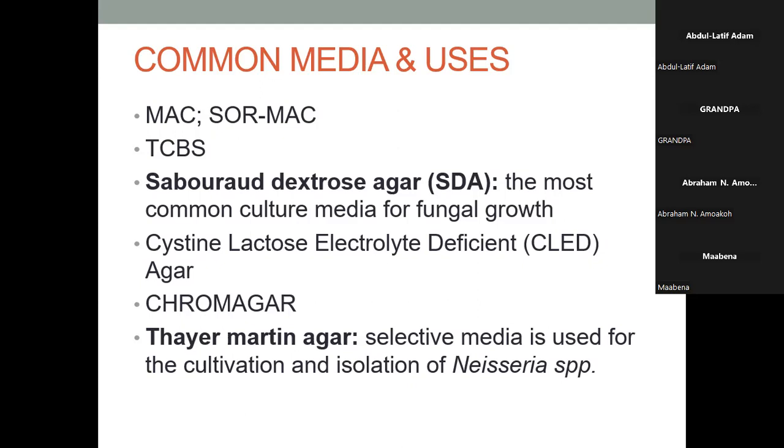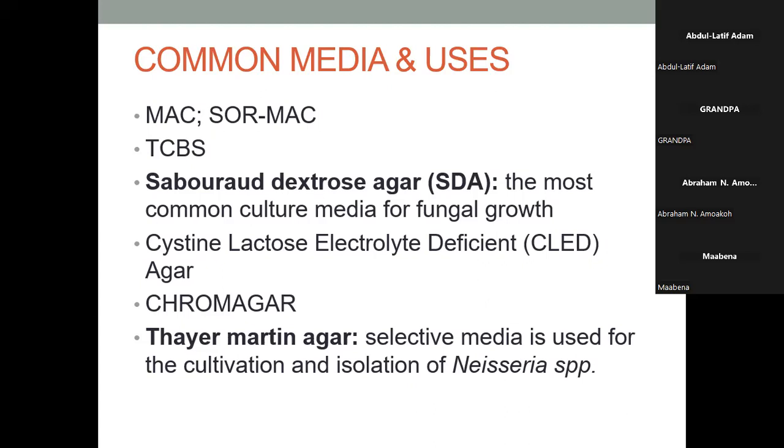With chrome agar, every organism will exhibit a unique color. If it's E. coli, it will exhibit a unique color. If it's Klebsiella, it will exhibit a unique color. If it's Candida, it will exhibit a unique color, so that when you see the color, you know that it is this organism. Therefore, it is easier to use chrome agar.